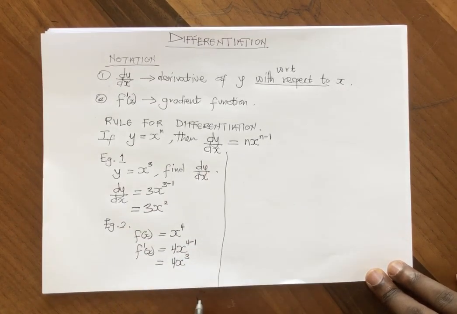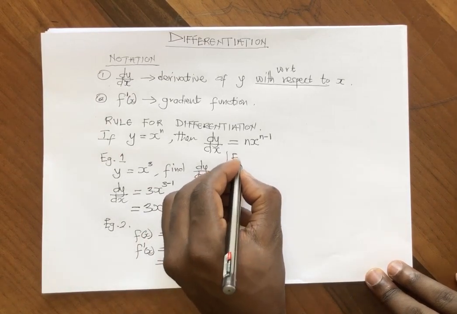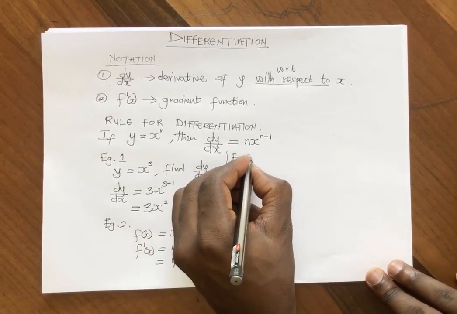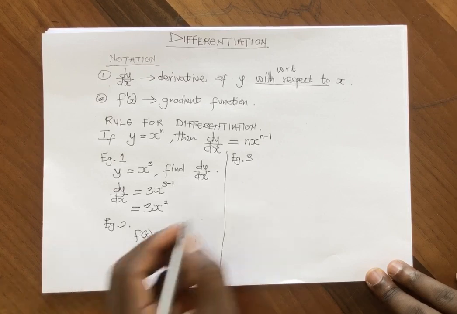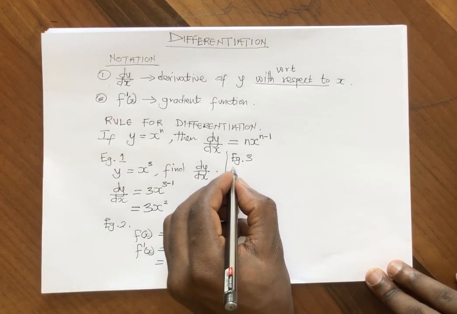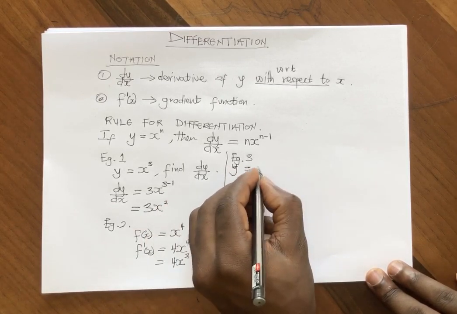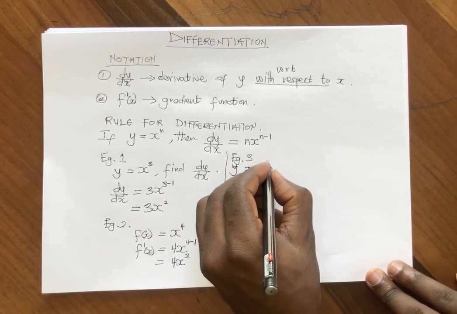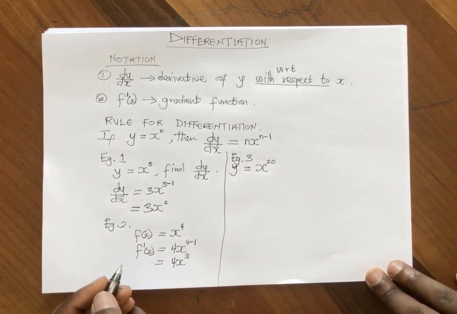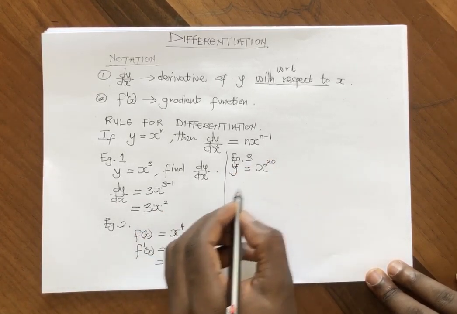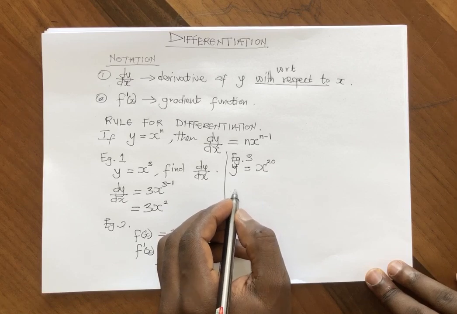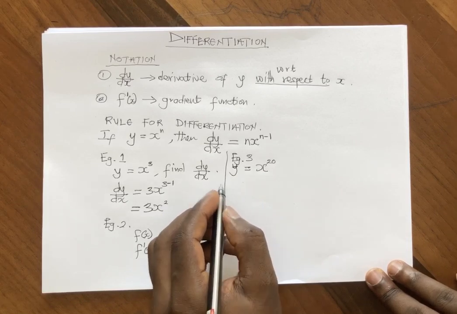Let's practice one more example. But at this stage of the video, I would like you to pause it. Then you solve for the gradient function of y is equal to x raised to the power 20. After solving, you unpause the video and you compare your answer.